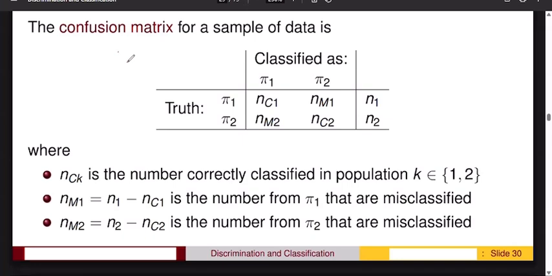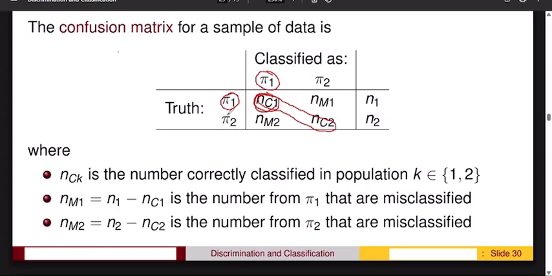Now there's something I need you to pay attention to. Take a look at this diagonal one. By nature, because nature knows the truth, that observation is supposed to be in group one, and you classify the observation into group one. The NC1 will be the number of correctly classified observations into group one.